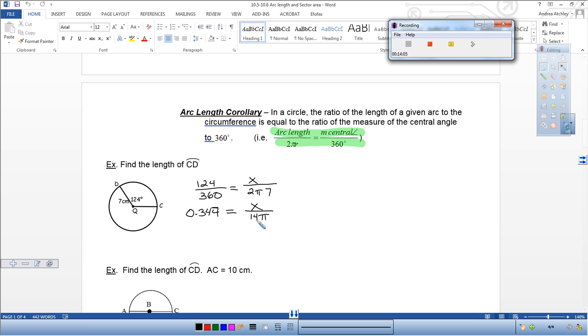Okay. Now I want to get that x by itself, so how do I get rid of the 14 pi? Very good. It's being divided, so I need to multiply both sides. So I'm going to multiply both sides by 14 pi. Don't clear out your calculator. Leave that big old long number because it's going to be a lot longer than what I just rounded to. And I'm going to times it by 14 pi.